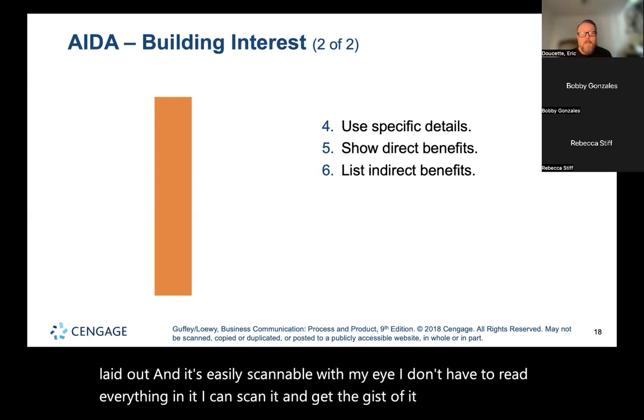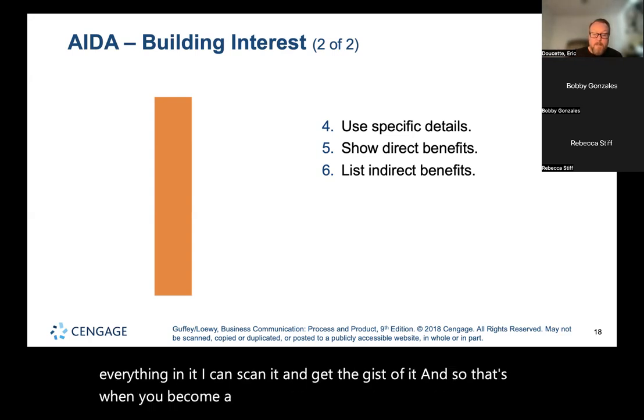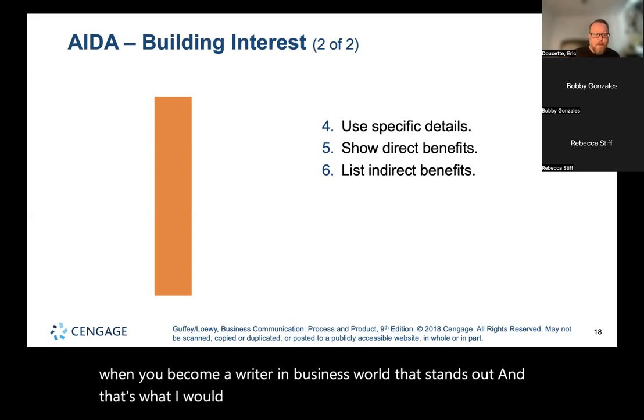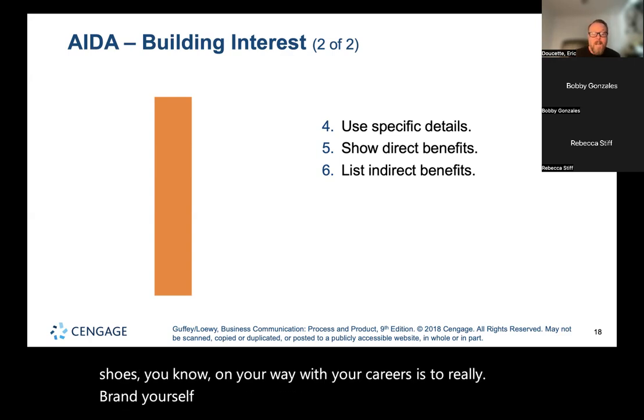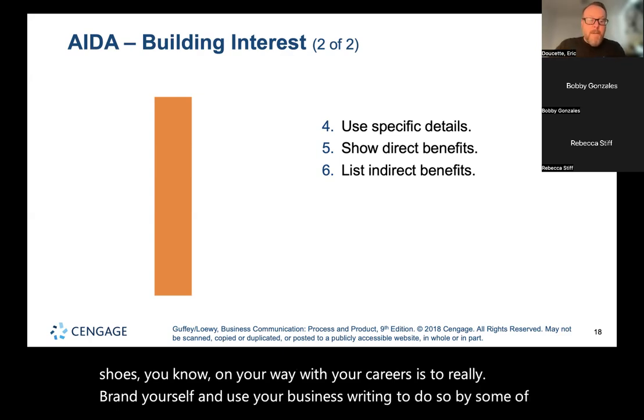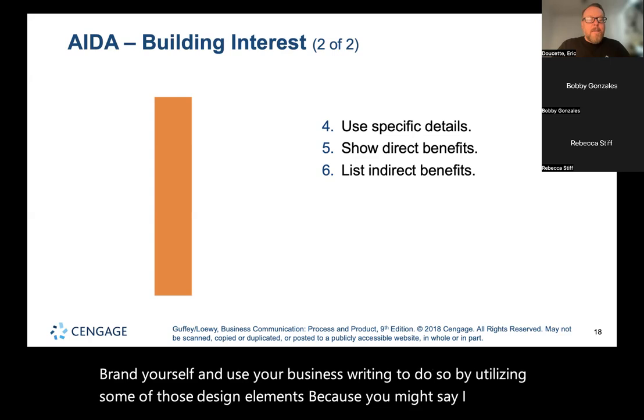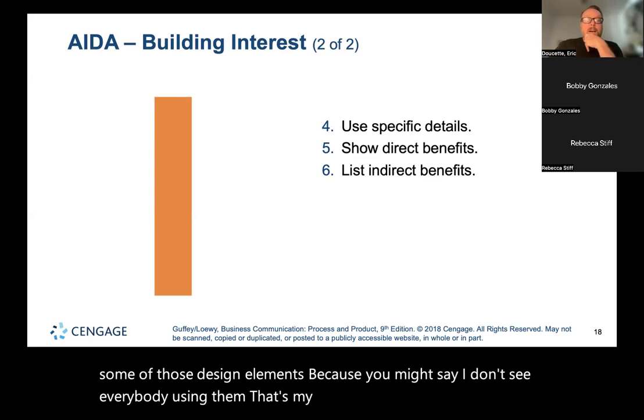That's when you become a writer in the business world that stands out. That's what I would strive for if I were in your shoes, on your way with your careers: to really brand yourself and use your business writing to do so by utilizing some of those design elements. Because you might say, well, I don't see everybody using them. Yeah, that's my point. So anyway, that's the I.